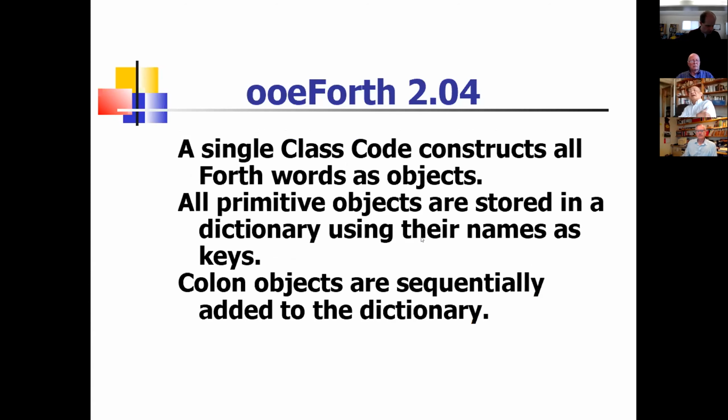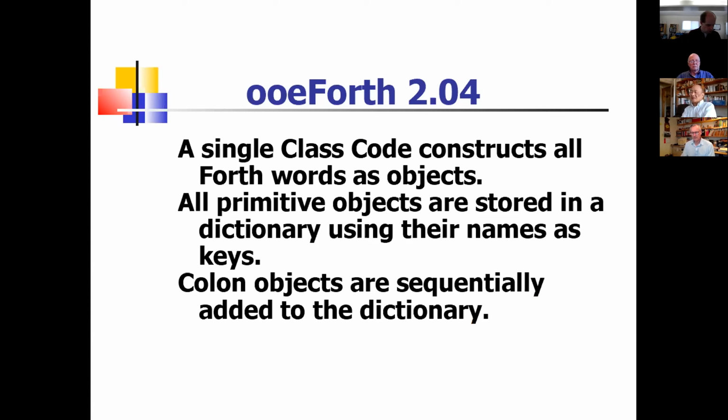And I designed a single class called class code, which can construct all Forth words as objects. All primitive objects are stored in a dictionary using their names as keys. So all the primitive words have their names as the tokens.